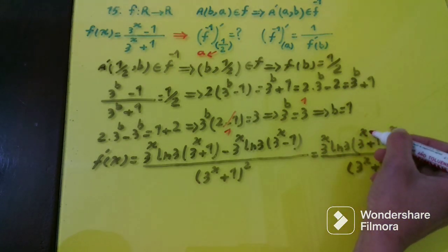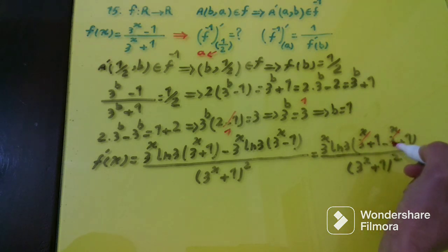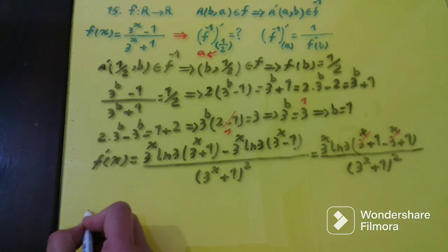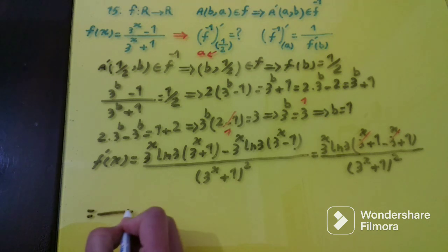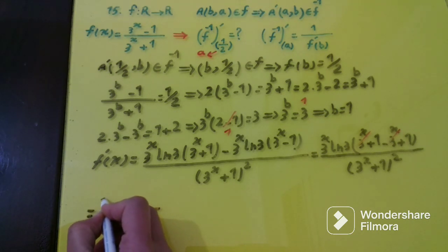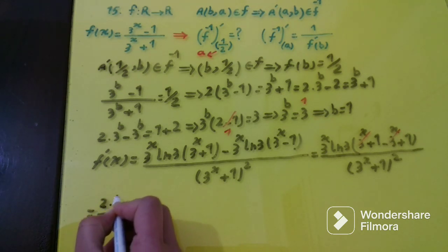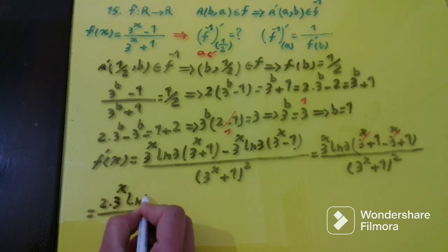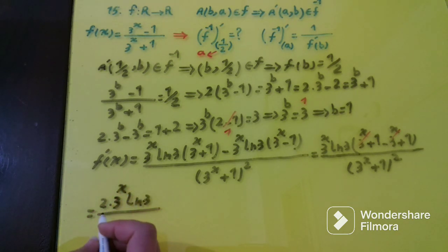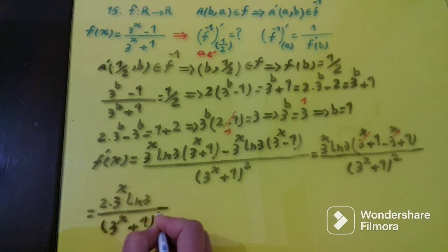We can cross out this term. In the end, it's 2 times 3 to the x ln of 3 over 3 to the x plus 1 to the 2.